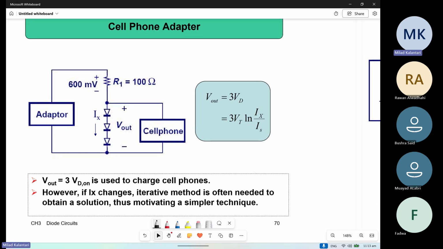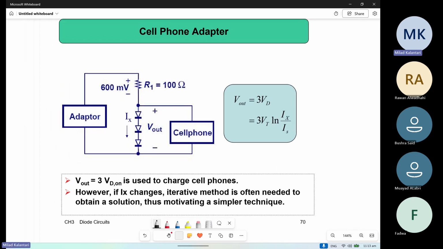Here we talk a little bit more about applications, like how we generate a regulated or well-known voltage, for example for your cell phone.